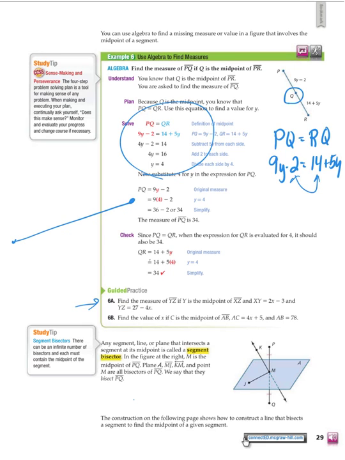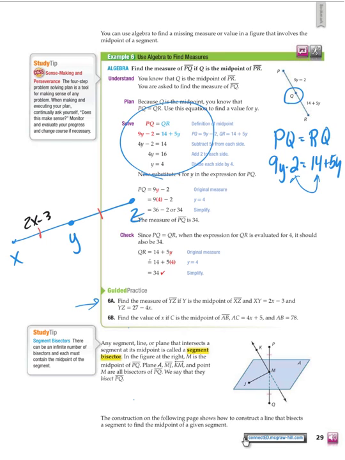So this time I'm going to make my line a little bit longer, my segment a little bit longer, and we're to find the measure of segment YZ if Y is the midpoint of XZ. And again, we've learned that Y is in the middle. Remember that the little hashes mean that those two segments are going to be the same. Now let's put the information on here. XY is 2x minus 3.